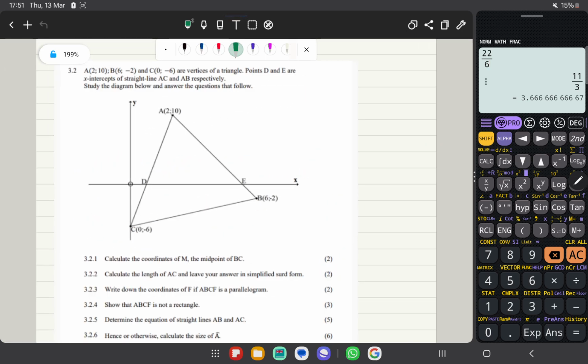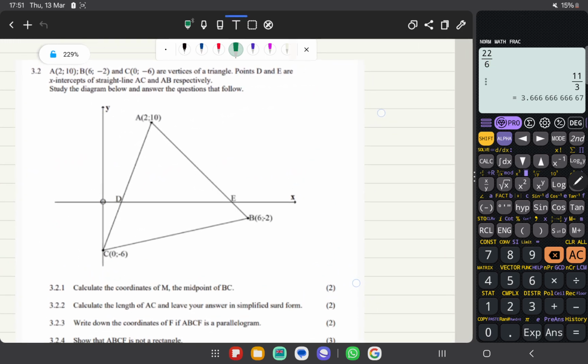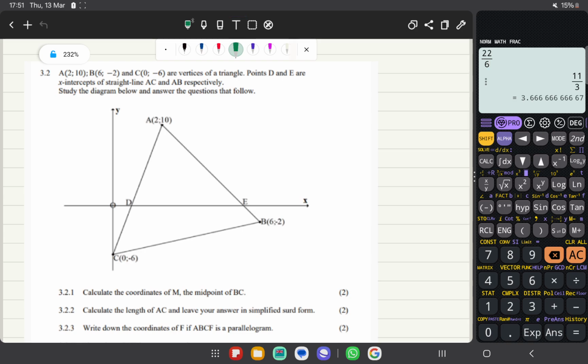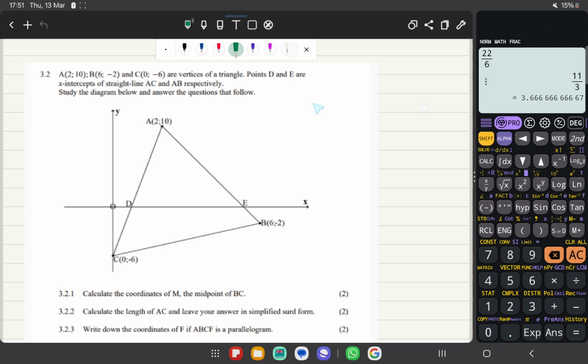Cool. So now it's an interesting one. You have your Cartesian plane there, your triangle ABC, the points are given. They say point D and E are our x-intercepts. Remember, for the x-intercept, y equals 0. And this is AC, and AB.